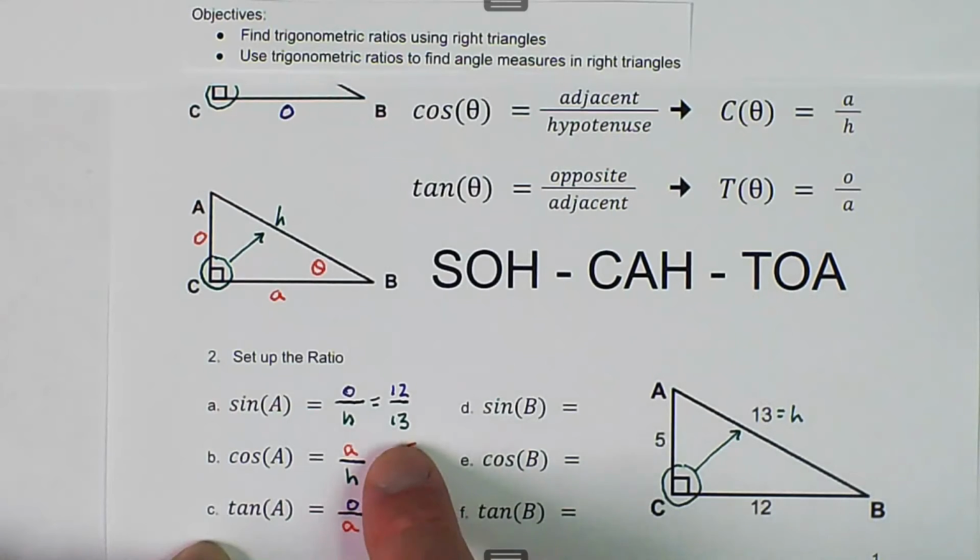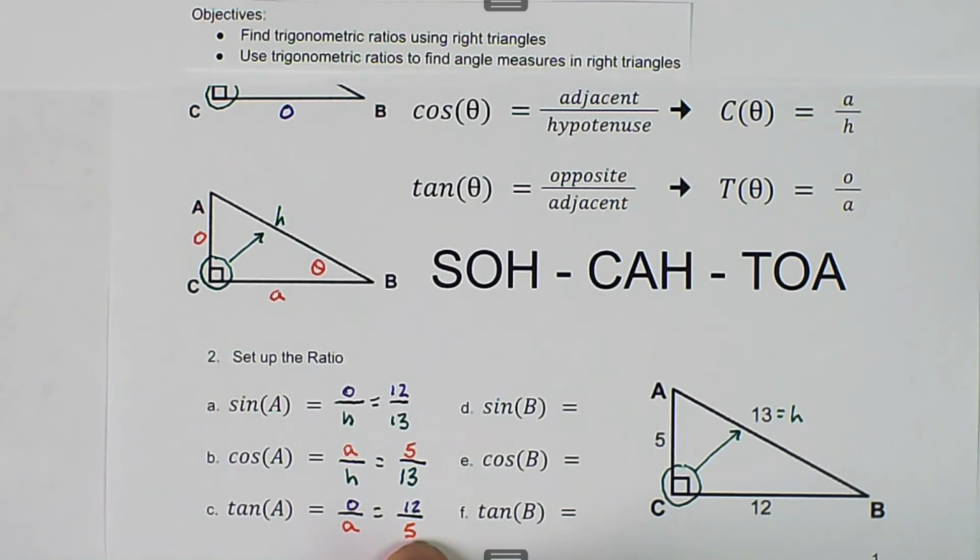In this case, 5 over 13, if we use our calculator, would give us a decimal. 12 over 5, we can see that our numerator is bigger, so we'll get a decimal, but we'll also have a number that is greater than 1 in front. So it's not just going to be a fraction between 1 and 0.